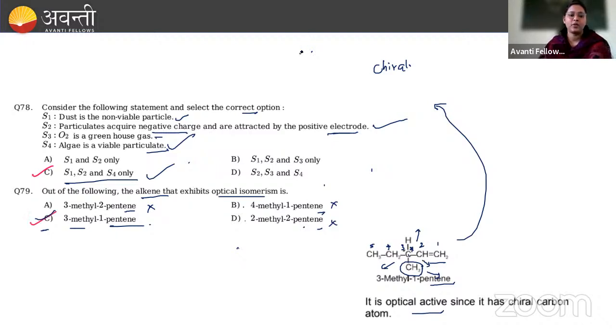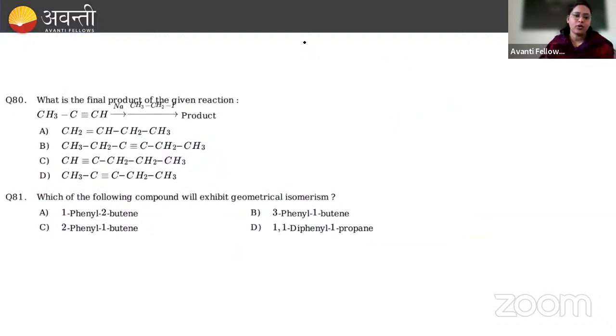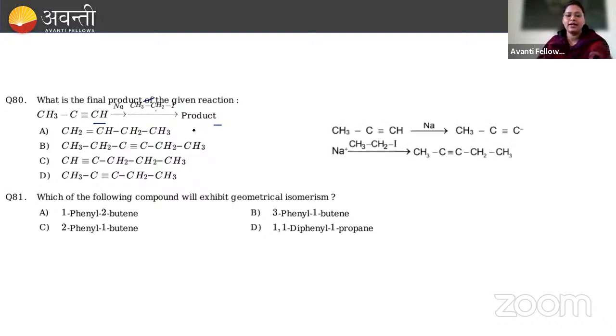Okay, let's move on to the next problem. What is the final product of a given reaction? So here we need to find out the final product for this reaction. You can see alkyne is reacting with sodium, and then it is reacting with ethyl iodide. What will be the product? Sodium is going to abstract the hydrogen atom present in the alkyne group, and it is going to form a species like this.